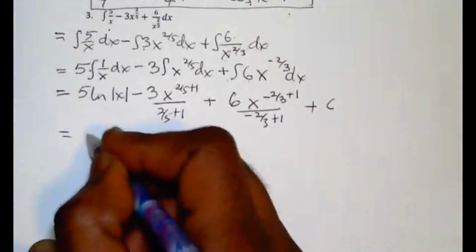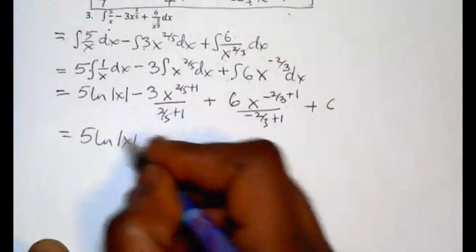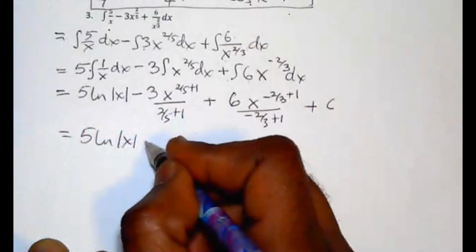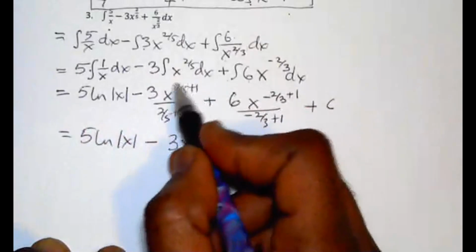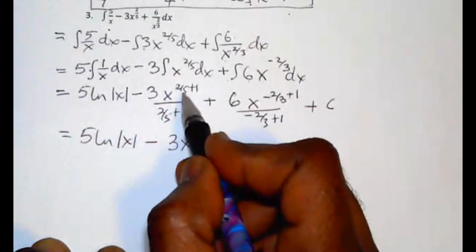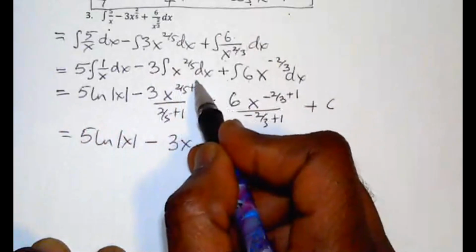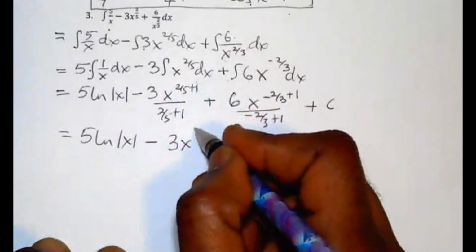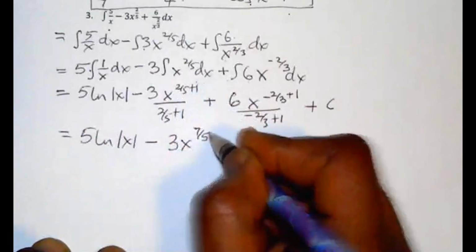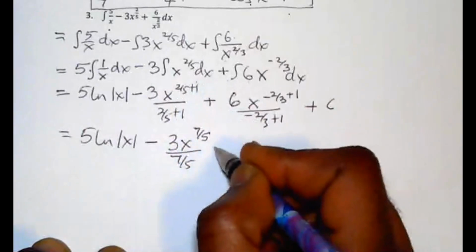So let's simplify further. It's 5 natural log of the absolute value of x, minus 3x to the power, what would this be? 2 over 5 plus 1. So it's 1 over 1. LCD is 5. So this will be 5 over 5. So we have 2 plus 5, which will be 7 over LCD of 5, divided by the sum, which is 7 over 5.